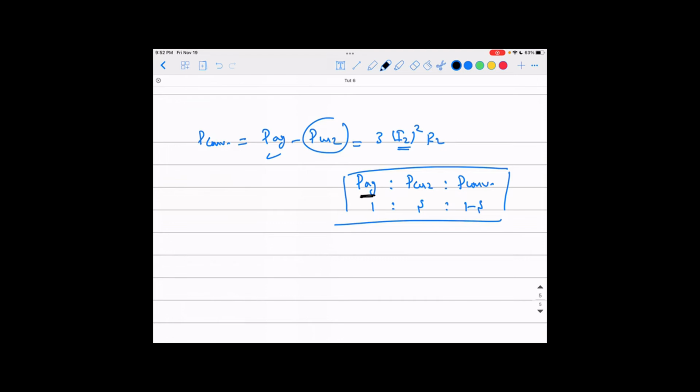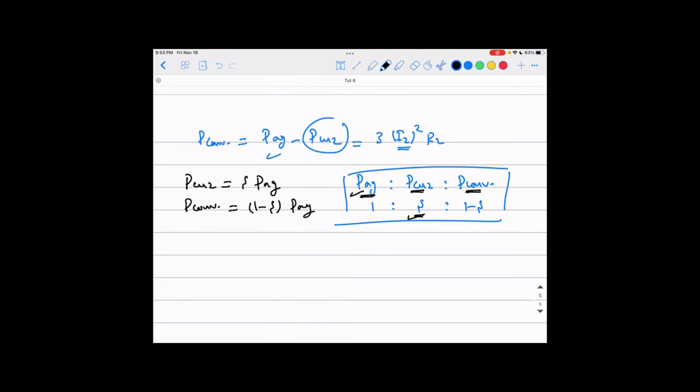That is P air gap, P copper 2, P converted, and the slip. We have here P air gap and the slip, so we can find P copper 2 and P converted directly. P copper in the rotor equals the slip times the air gap power, and P converted equals 1 minus the slip times the air gap power.